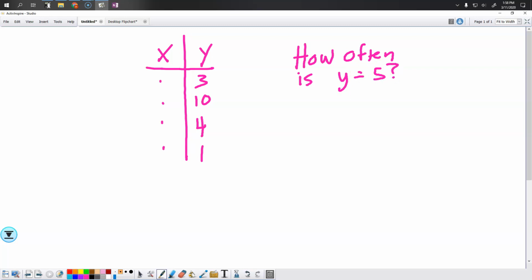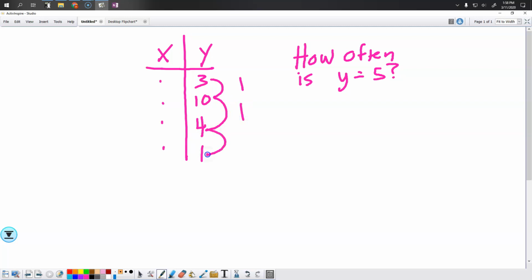Well, if this is a continuous function, which it is, and we'll talk about how I know that in a minute, and I'm going from 3 to 10, then at some point I had to cross 5. So there's once. And then if I'm going from 10 to 4, I would have to cross 5 again.